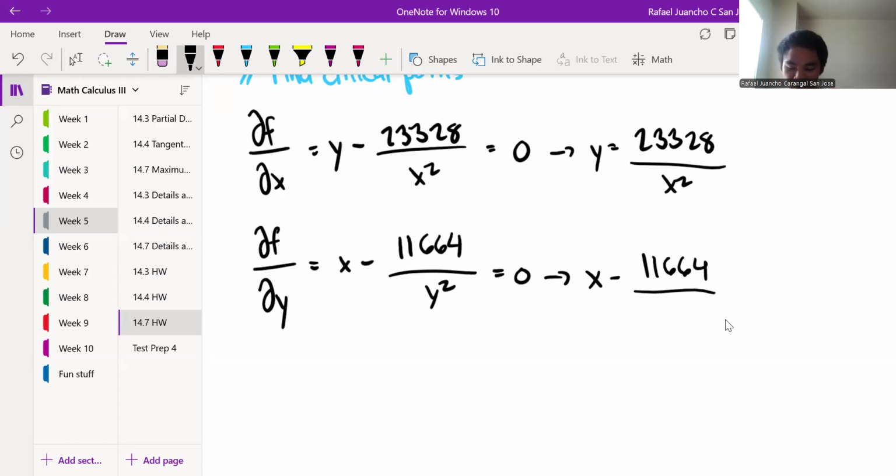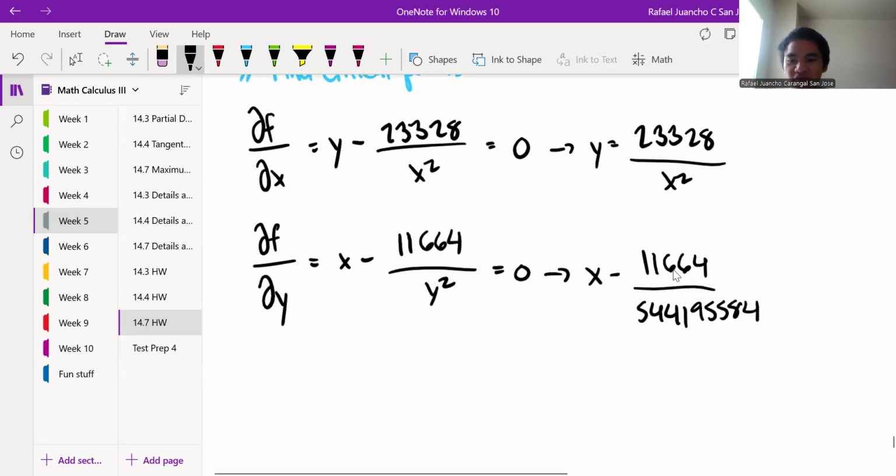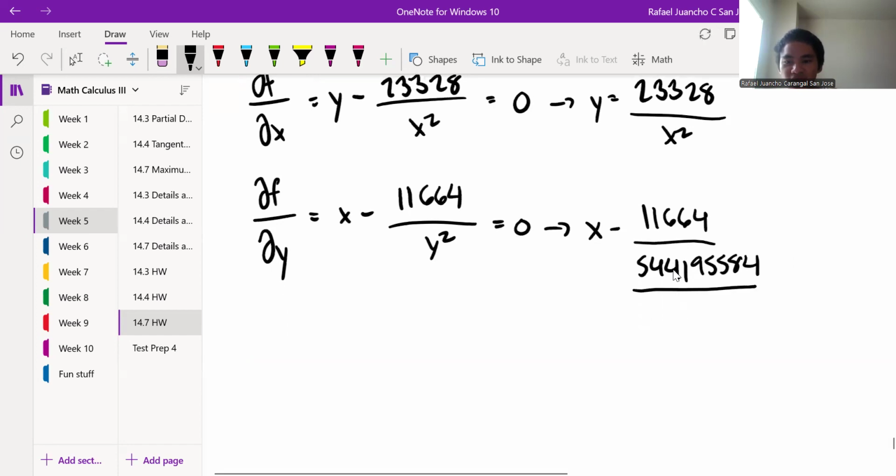What is that? 23328 squared is, oh my goodness, 544195584. That's 544 million. Cool. I divide this by x to the fourth, and I equate that to 0.